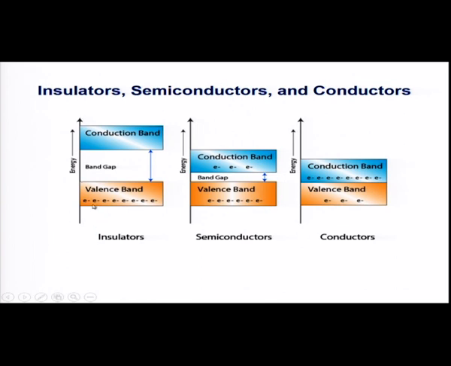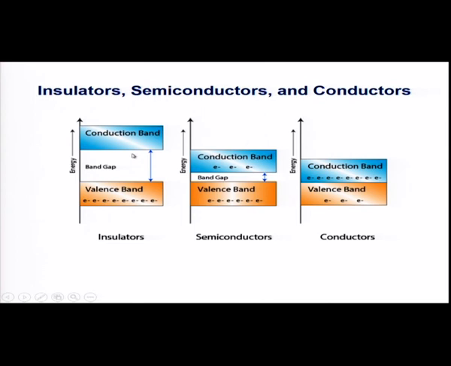For an insulator, the electrons are all in the valency band, and there is a conduction band. Between this conduction band and valency band, the band gap is there. When you look at this band gap of the insulator, it is a little bit large.